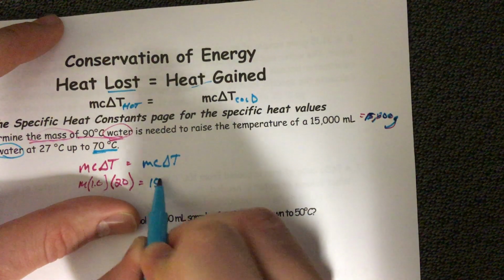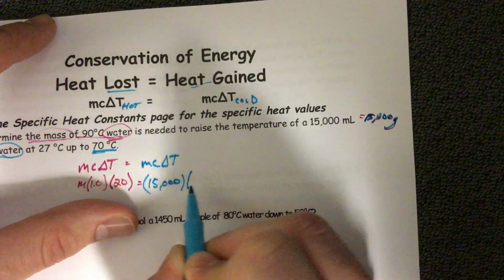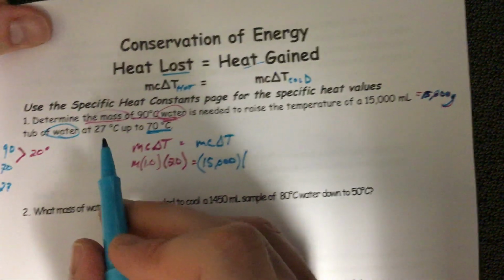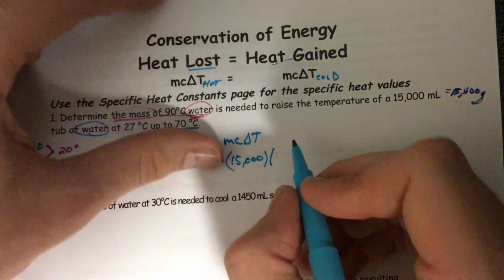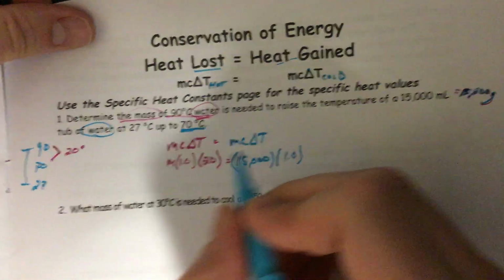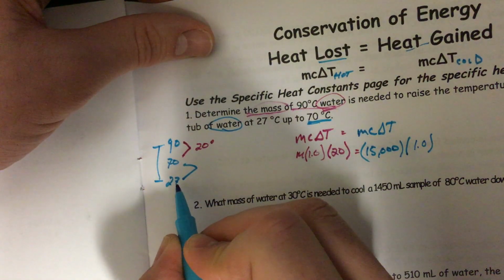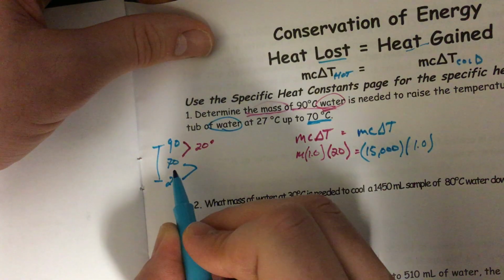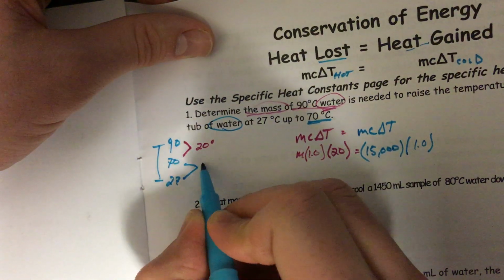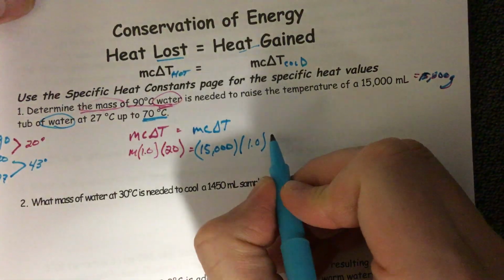We're still dealing with water, so we have a value of 1.0. And then our change in temperature, we can look at the difference between our starting temperature for the cold and our final temperature, which comes out to be 43 degrees. That is our change in temperature that we'll plug in over here.